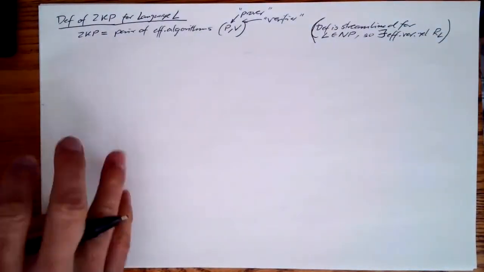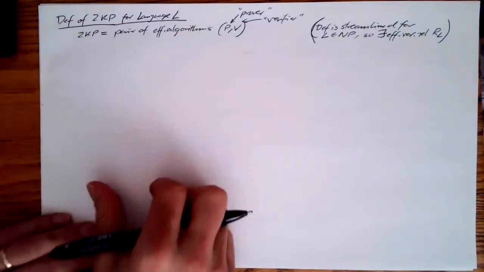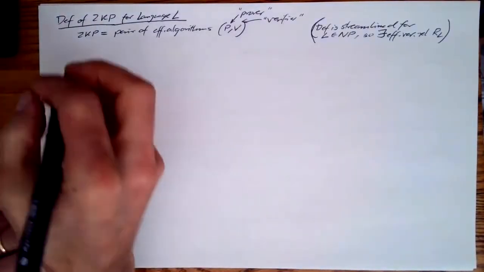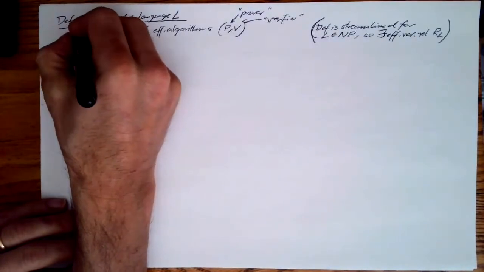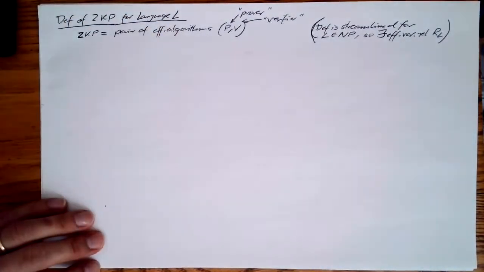It's possible to define zero knowledge for languages in higher, more complex classes, but we won't need them, and the generalization is not that hard.